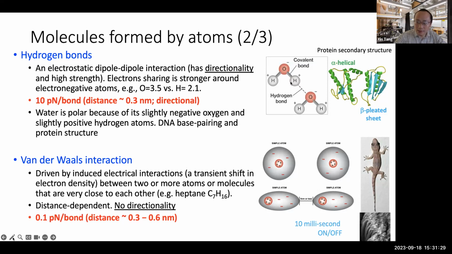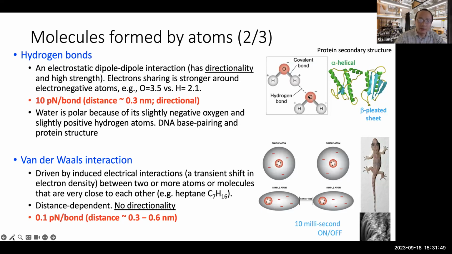So their direction is very determined. So the hydrogen bond has directionality. Okay. So this is the third type of interaction.